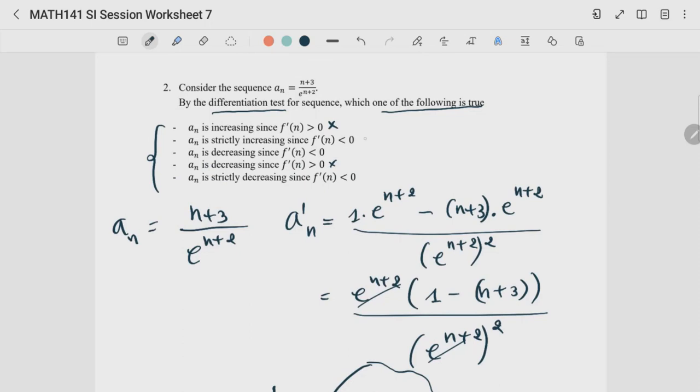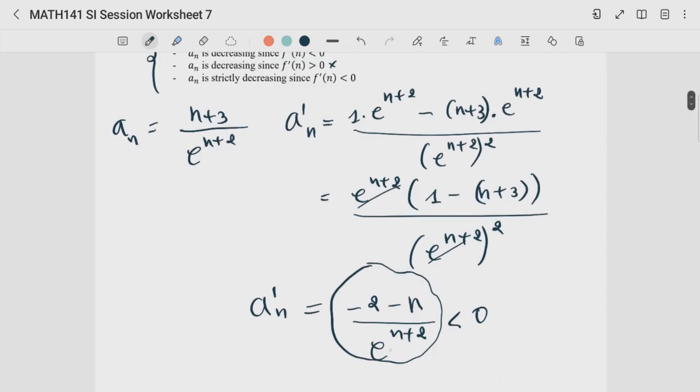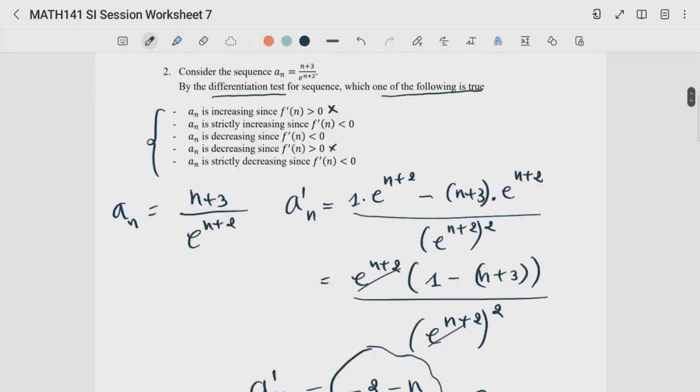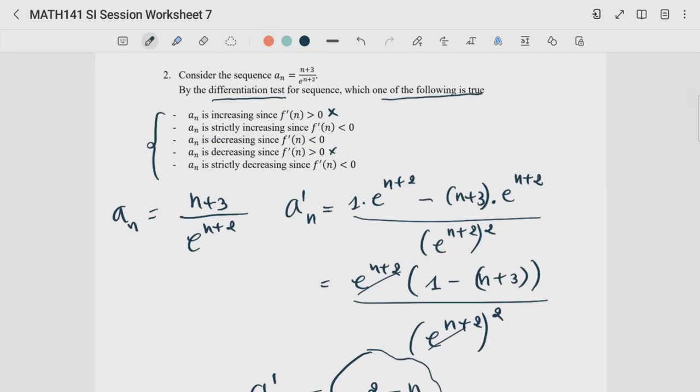So now, what does the fact that the differentiation test shows that the derivative of the sequence is less than 0 tell us about whether the sequence is increasing or decreasing? Well, since the derivative is less than 0, that just means that the sequence is strictly decreasing. Okay, so that's the rule.